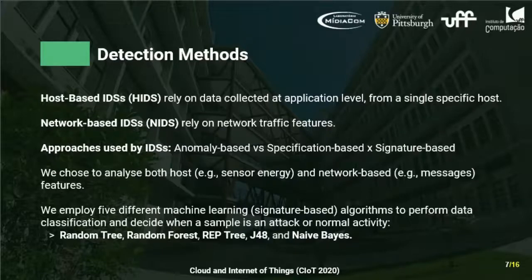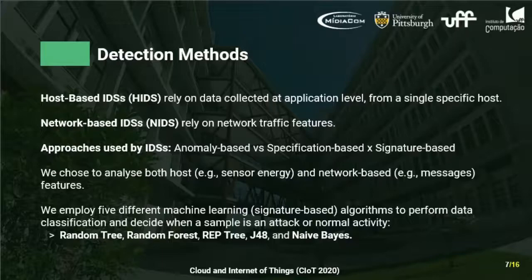About detection methods, we can classify the IDS into host-based IDS or network IDS, depending on where the features are selected. Host-based IDS considers a single host and collects features from the application level, and network-based IDS relies on network traffic features collected from many hosts. And we can also classify the detection methods based on which approach they use.